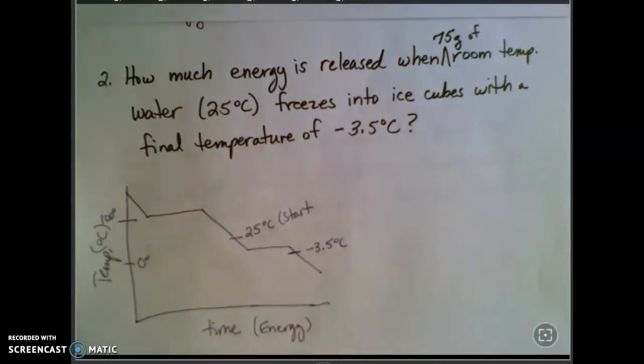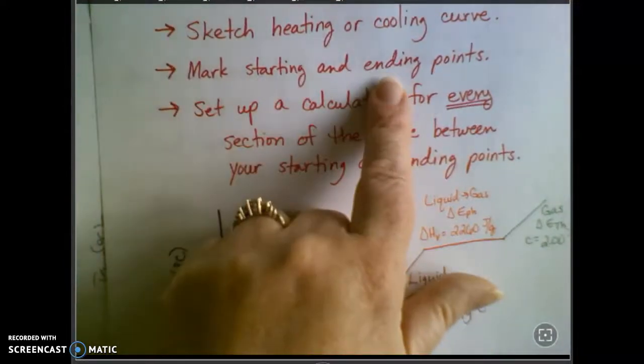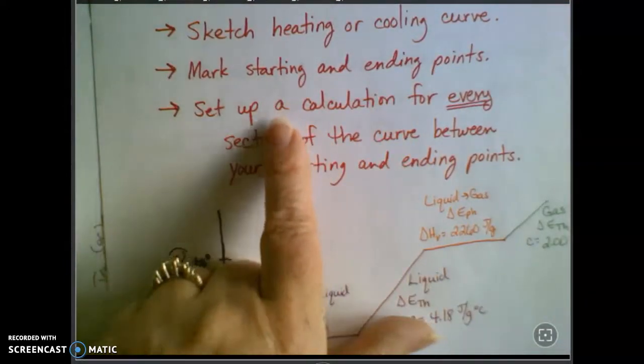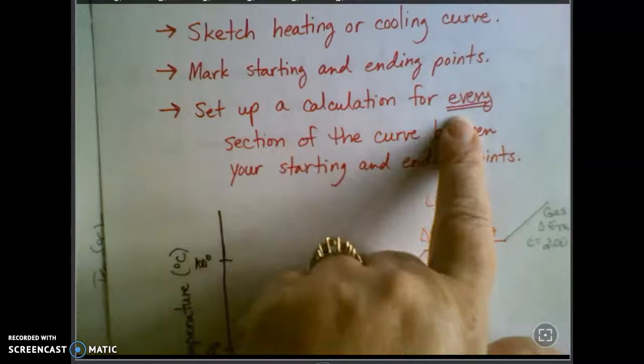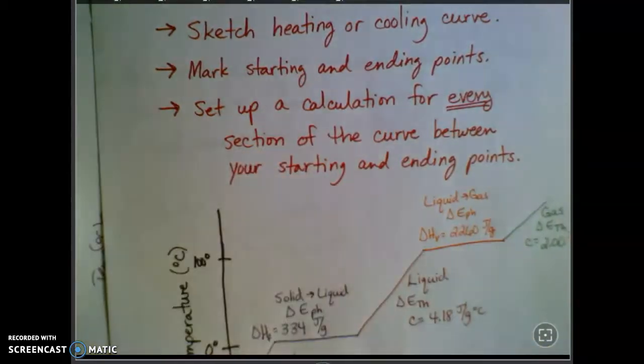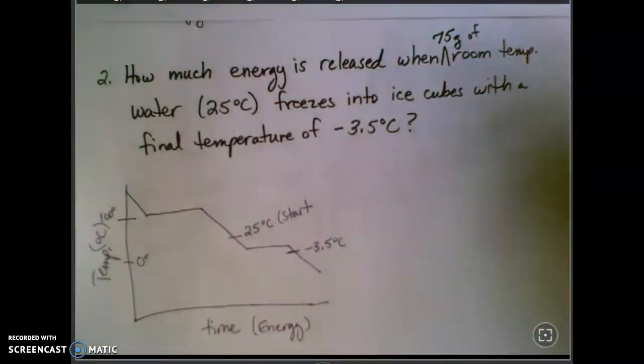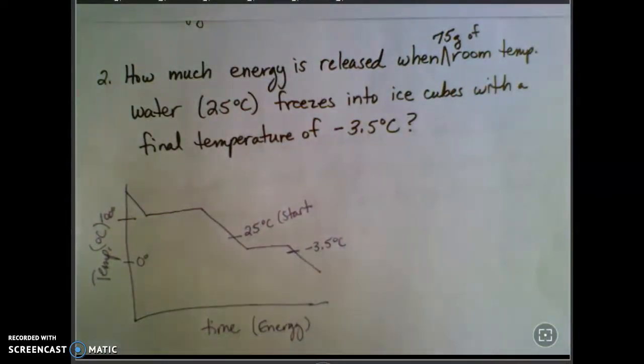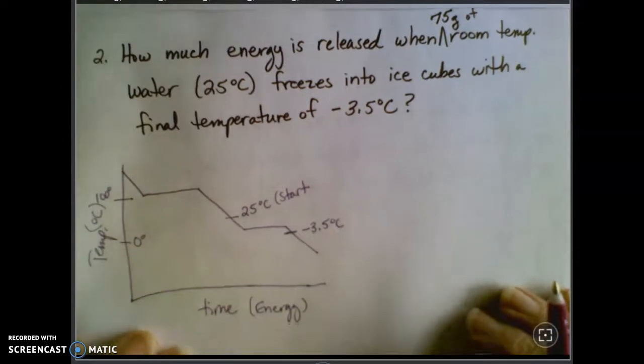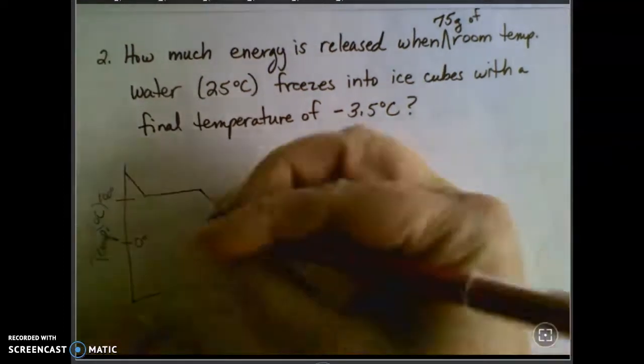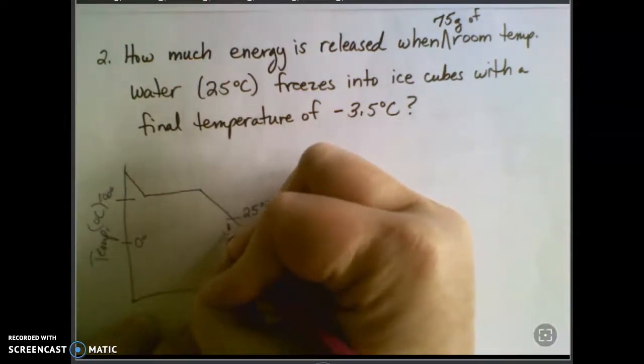And so this problem is quite a bit more complicated than the first one that we looked at. So I've got my starting and my ending points marked. And now I need to set up a calculation for every section of the curve between that starting and that ending point. So I'm going to color code a little bit here. And like I said before, I hope you can see these colors on the video. They're not showing up really well on my screen, but maybe it'll be better.